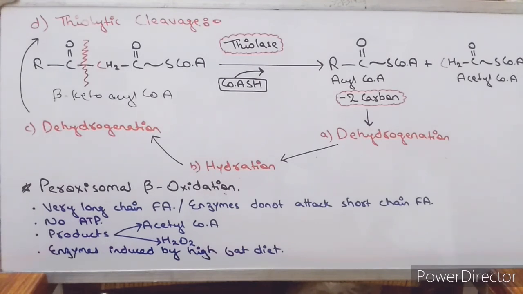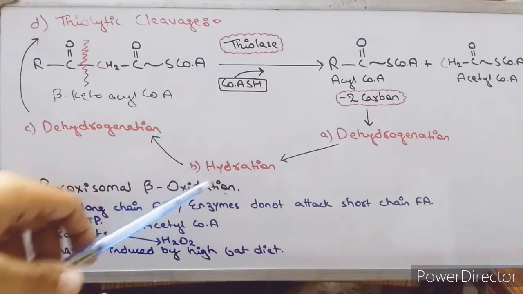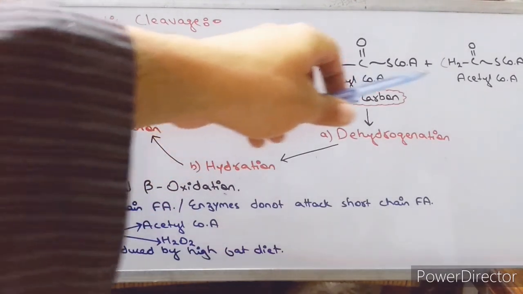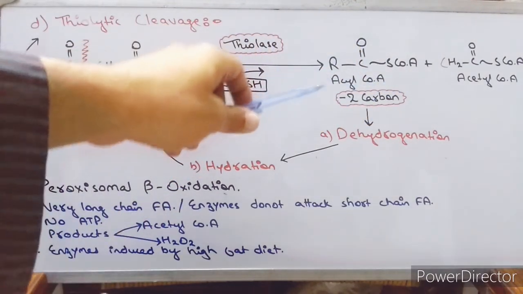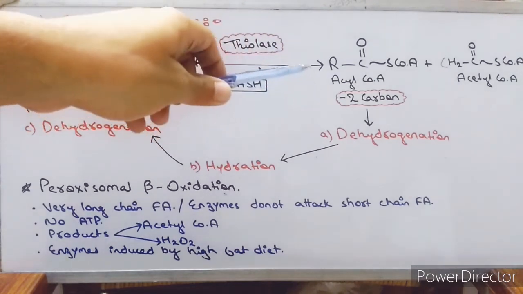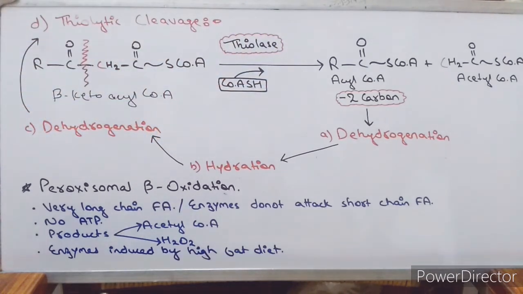Now this was something about a carbon chain having an even number of carbon atoms. If a carbon chain has an odd number of carbon atoms, all the cycles would be the same, but in the last step, alongside the acetyl coenzyme A, there would be a propionyl coenzyme A, which is a 3-carbon compound, and that propionyl coenzyme A would be the only glucogenic part of the fatty acid.